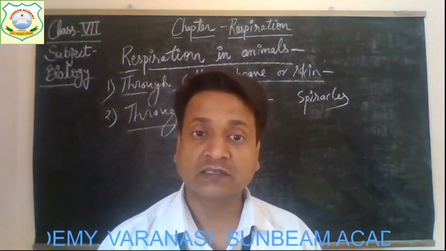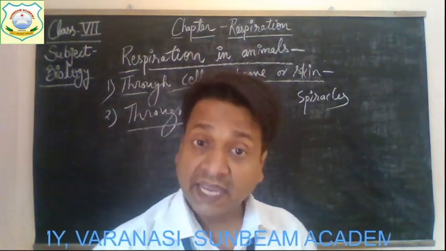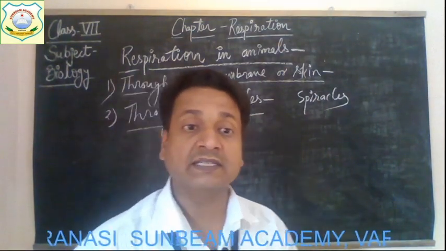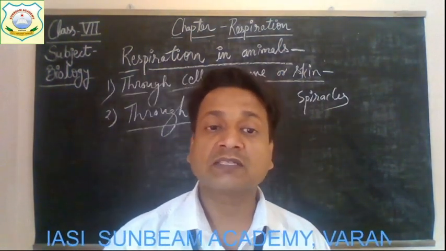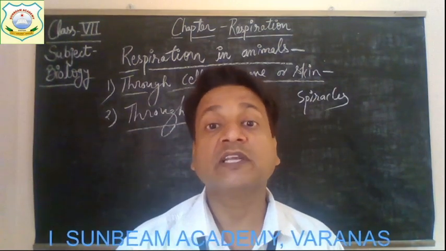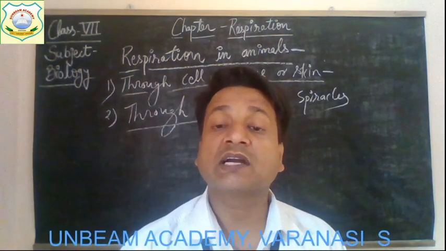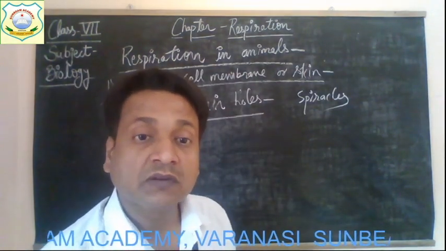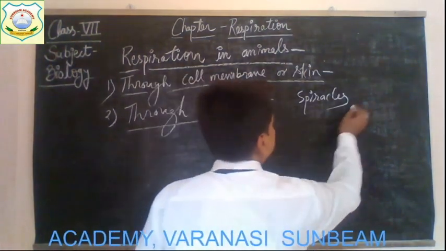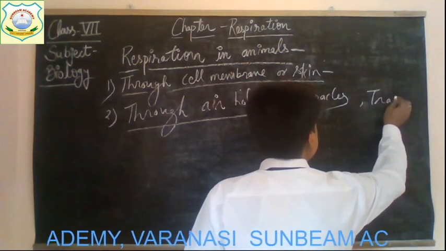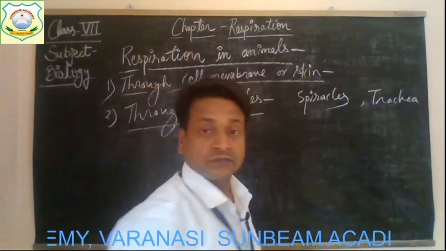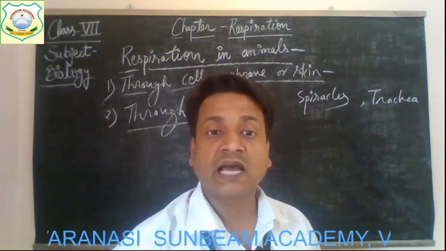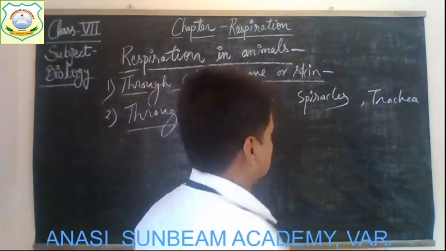Now the air enters through these openings, the spiracles, and reaches all parts of the body through respiratory tubes, which are called trachea. What are the respiratory tubes called? They are called trachea. Okay, children? And their branches are called tracheoles.